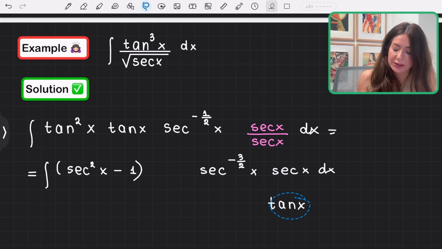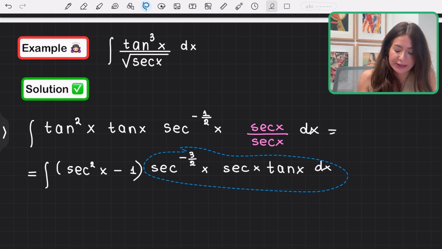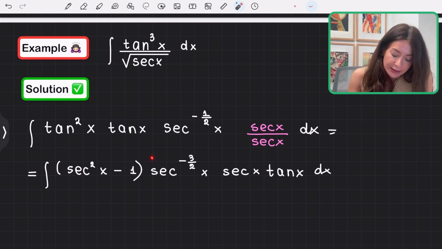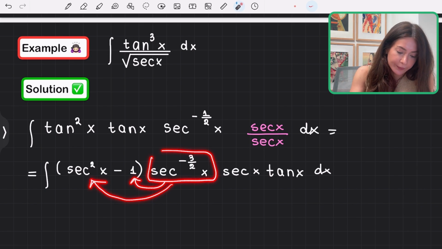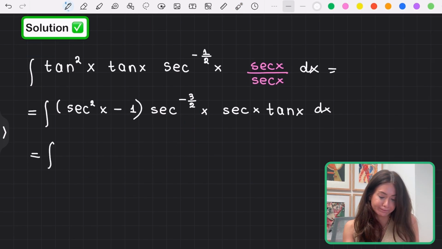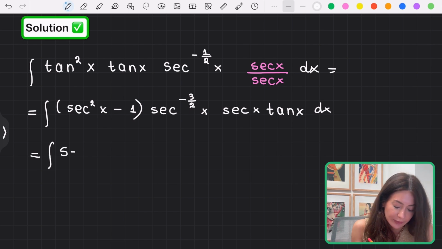And this tangent, I want to put that with secant because I'm going to use them for du. Okay, so now I can multiply this secant through here. And I will have to combine 2 plus minus 3/2.